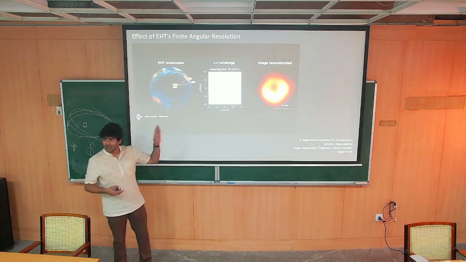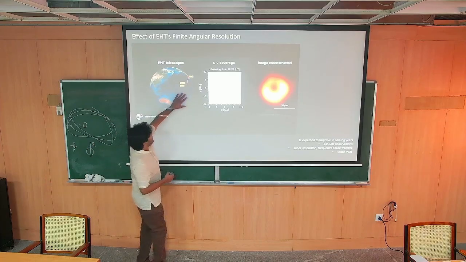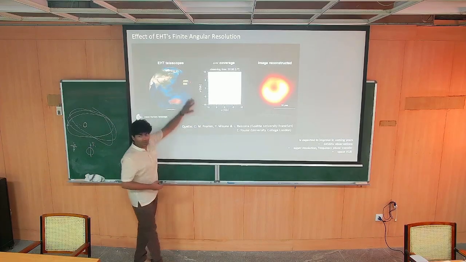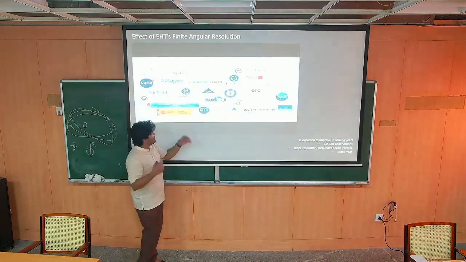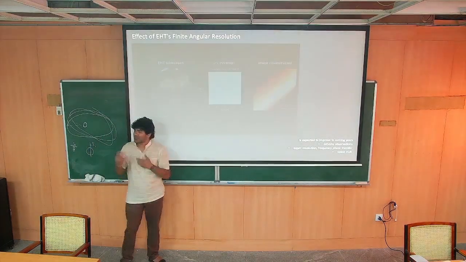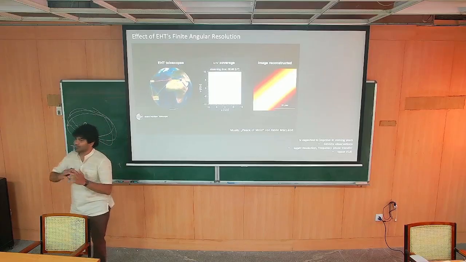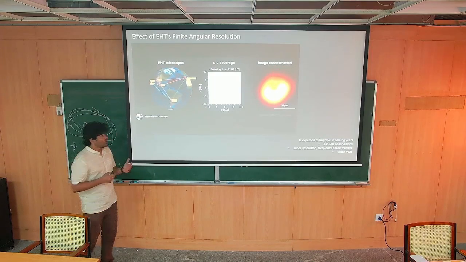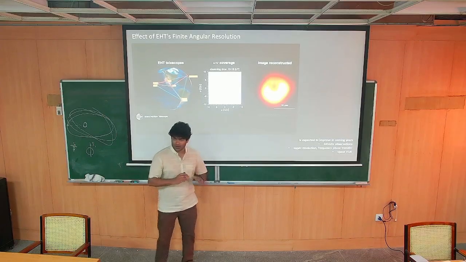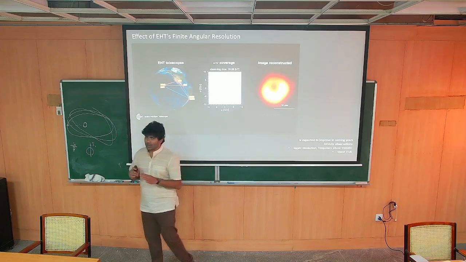So this is the technique that we use. We don't have the entire Earth being the lens. It's not completely perfect, but we take different points and use this technique called interferometry to build an Earth-size virtual telescope.